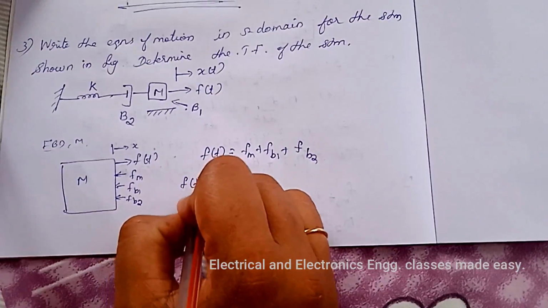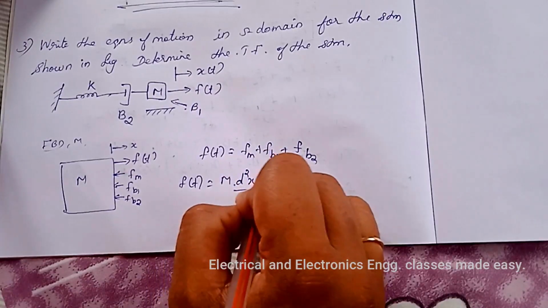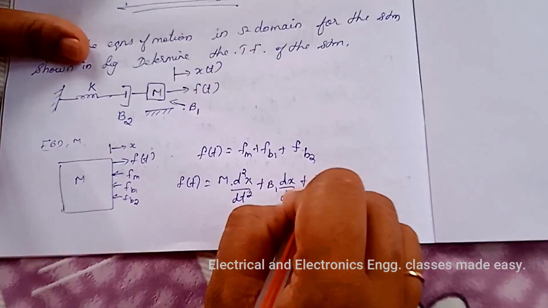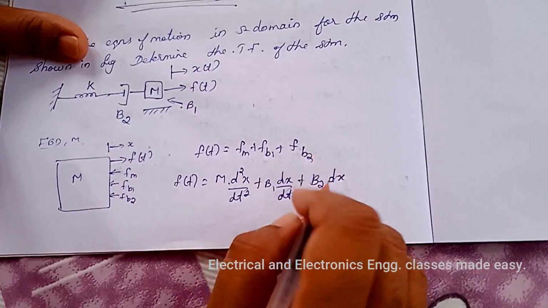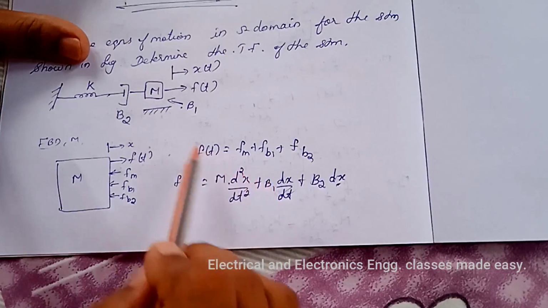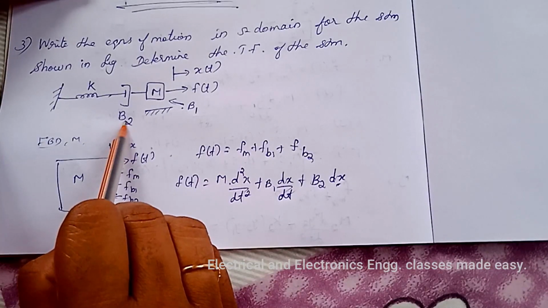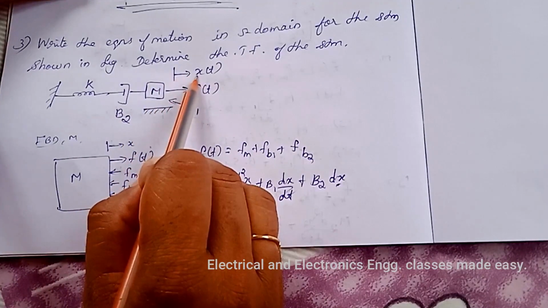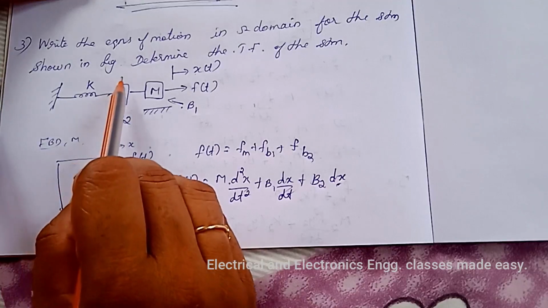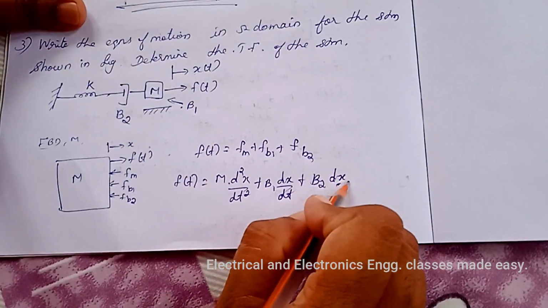F of t equals m into d square x by dt square plus b1 into dx by dt plus b2 into, sorry, here while writing b2 we have to consider this displacement and the displacement at this point, that is, let it be x1.